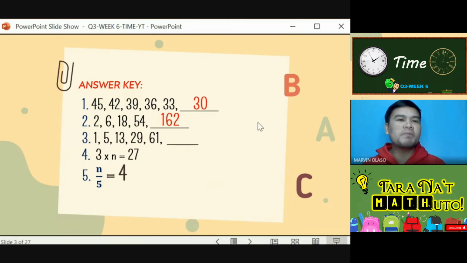Number 3, multiply by 3 plus 2, so we have 125. For number 4, n is equal to 9. And for number 5, n is equal to 20.